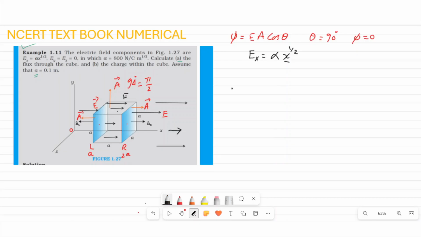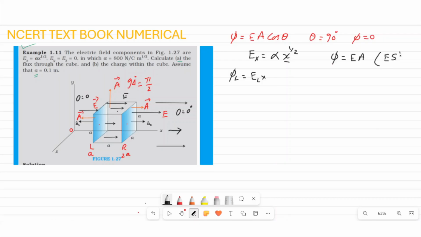So now let us calculate the flux for the left surface. This will be E for the left surface multiplied by A. Now theta is 0 for this surface as well as for this surface, so the electric flux formula will be simply E into A. In some books this is also written E into S, where S is the surface area.